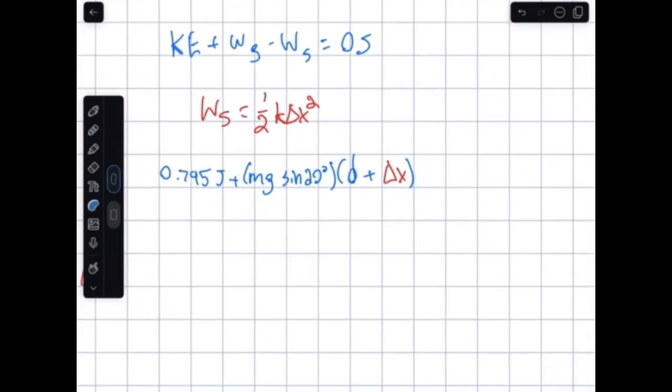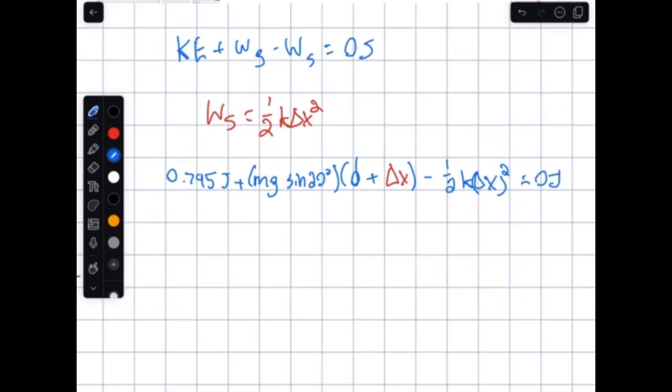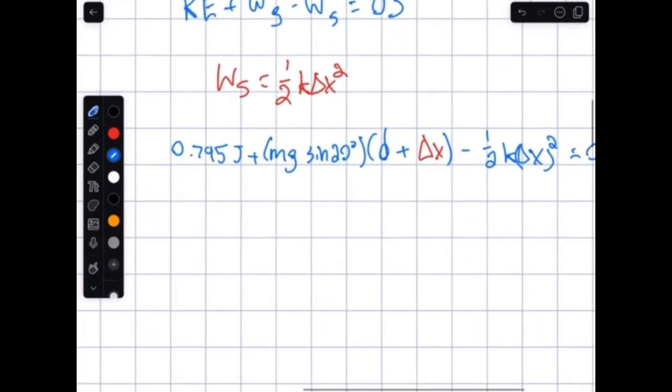Then we're going to do minus the work by spring, which is 1/2 k delta x squared, and that equals 0 joules. So I can expand this.